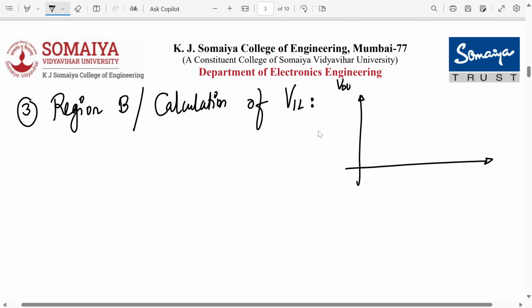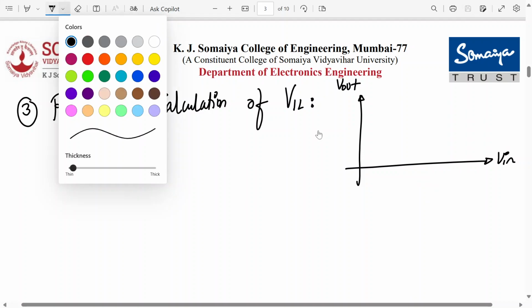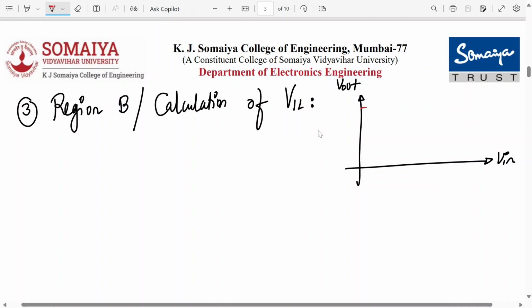We have drawn the VTC curve almost before every answer, so let me draw it one more time. It's going down like this and staying over here. So where is this point? It's slightly here, right? Correspondingly, this point is slightly below VDD. Agree?